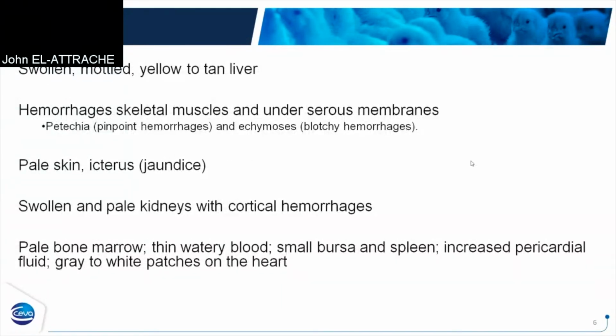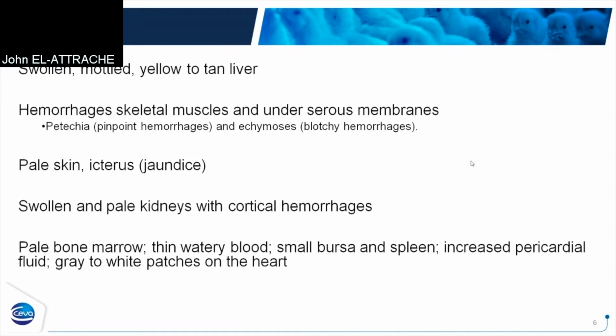So for the most part, you open up the bird, what you're going to see is a swollen, mottled yellow to tan liver, sometimes some pinpoint necrosis, as well as you might see some hemorrhages around the skeletal muscles, either petechia, which are really pinpoint hemorrhages, or you'll see ecchymosis, where you'll see some blotchy, bleeding hemorrhages in the skeletal muscles.